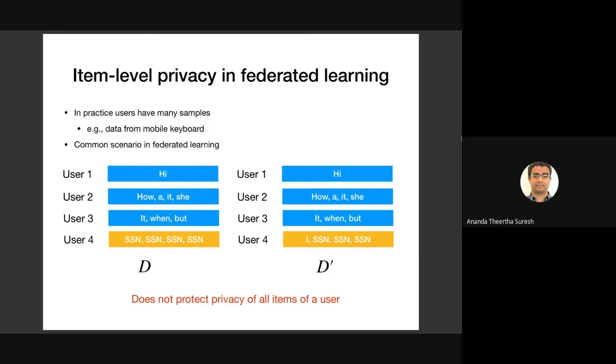This is a very common scenario in federated learning where the number of samples from each user is very different. If you naively apply item level privacy, then it just protects the privacy of a single item and does not protect the privacy of all the items of a user. I'm hand waving here, but this can be formalized.